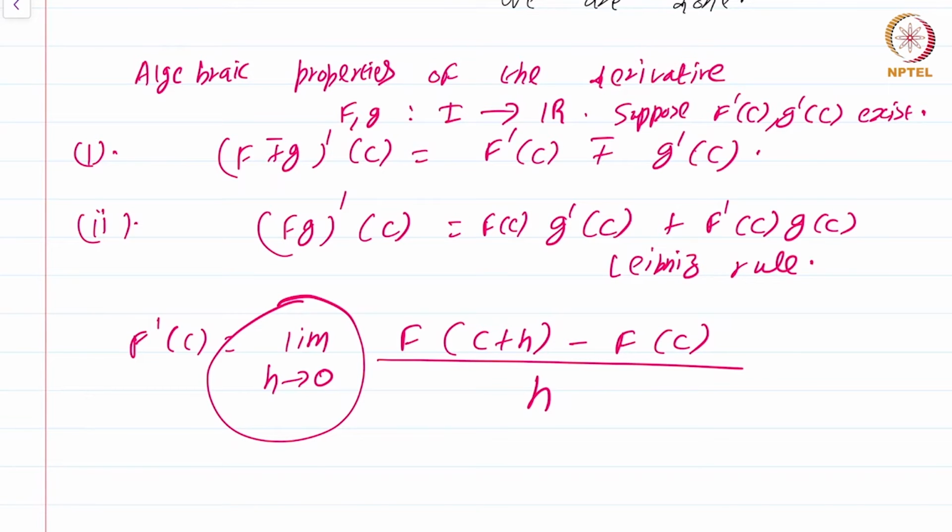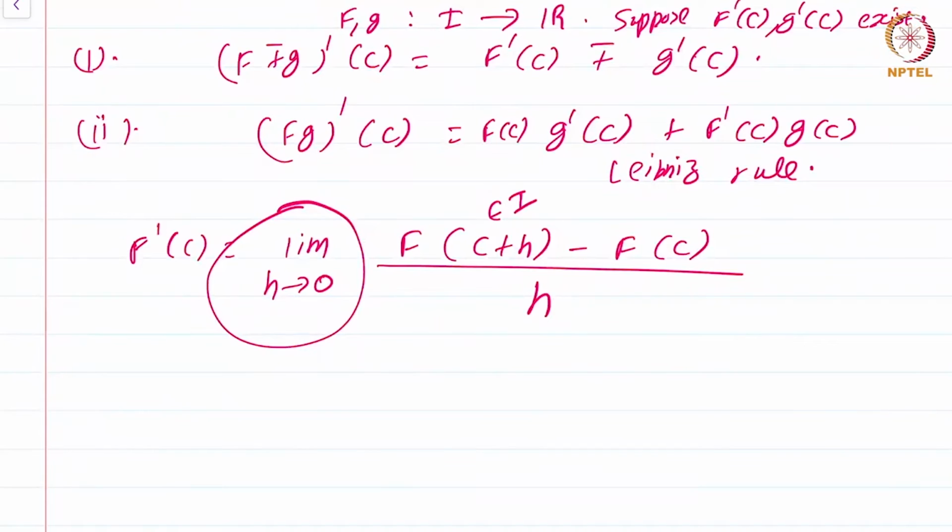As this is not such an important point, I will not be extra scrupulous and simply write limit h going to 0 with the understanding that the choice of h is to ensure that this c plus h is there in I. Always the h is chosen so that the c plus h is in I. This is implicit. Now I have just rewritten the usual definition of derivative in terms of the variable h.